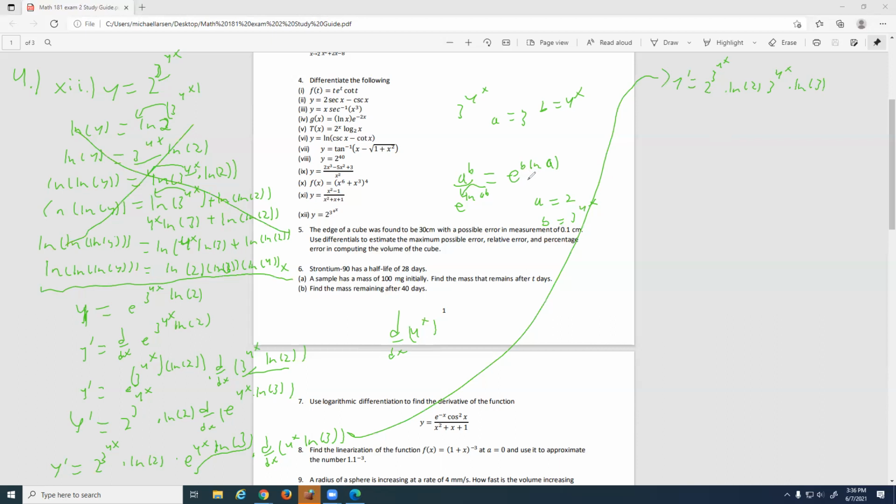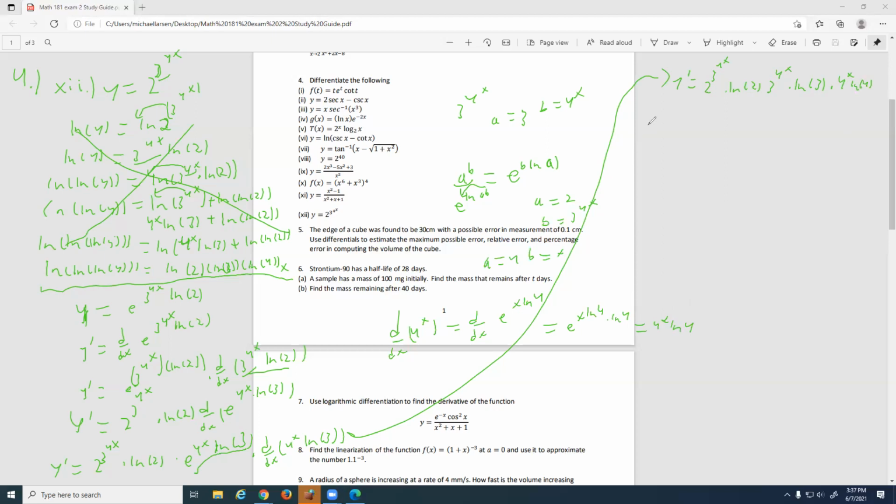If we use this same rule here, where a is 4, b is just x now, we'll have the derivative of e to the power x times natural log of 4, which is just going to be e to the x natural log of 4 times natural log 4, or 4 to the x times natural log of 4. So we'll finally just multiply by 4 to the x times the natural log of 4.